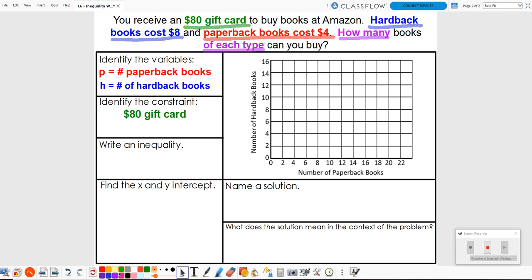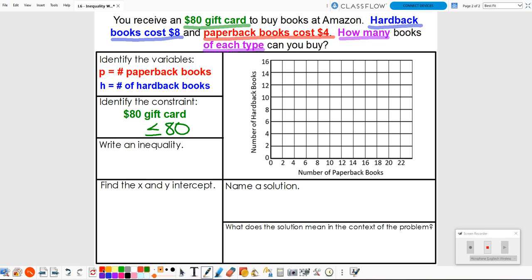So our limit here is that we have an $80 gift card. That $80 gift card means I could spend $80 or I could spend less than $80. Less than $80 is okay, or exactly $80. So the inequality symbol we're looking at is less than or equal to 80.